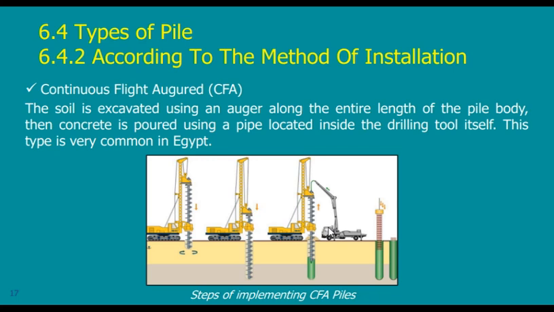So the concrete is just going down to fill the space. But I'm not expecting that the surface will be smooth. I don't want it to be smooth, because I need friction. The rougher the surface, the better the friction between the pile and the soil, and the more load it can carry. So it is good for me to have something like this.